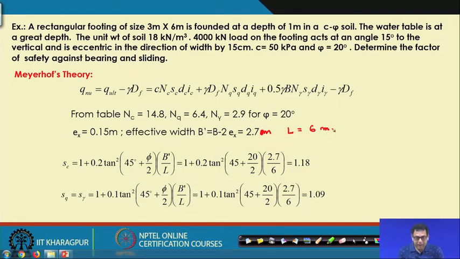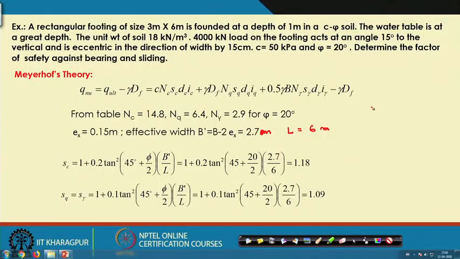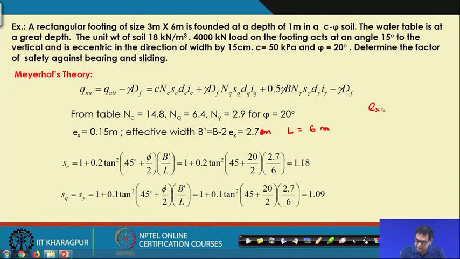Okay. And another thing, here the eccentricity is directly mentioned, but sometimes the moment and the vertical load are mentioned. In that case, depending upon which direction the moment is, lengthwise or widthwise, we calculate the eccentricity. Suppose the moment is in the widthwise direction, then we calculate the eccentricity Ex as M divided by P, where P is the vertical load that is acting.